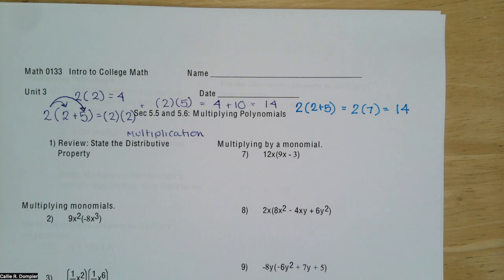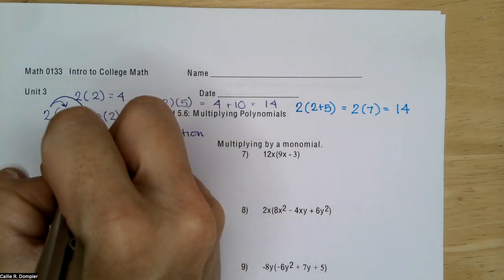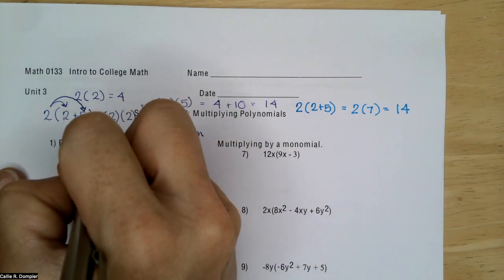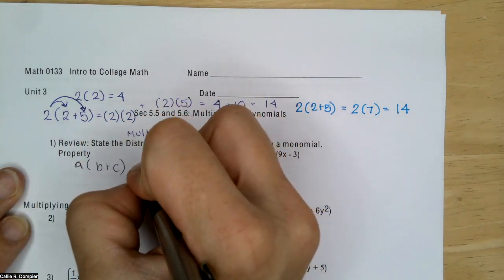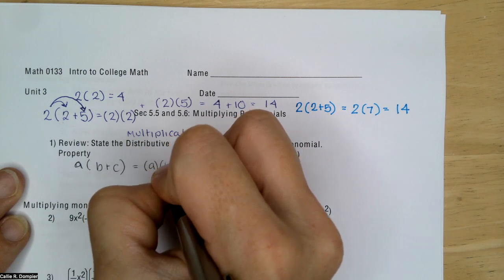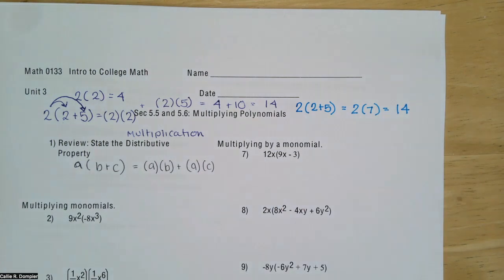The reason we're learning the distributive property is because there are situations where we can't combine, because it's not a 2 and a 5. It's two terms that are not alike enough for us to combine them, okay? So the way to write the distributive property is A times the quantity B plus C is equal to A times B plus A times C, okay?